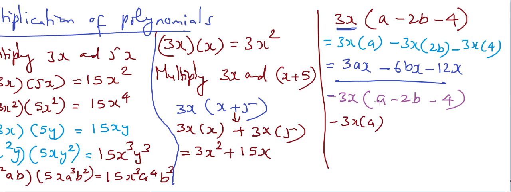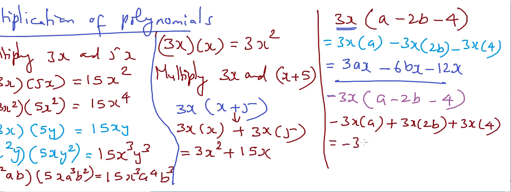See now, the sign will change, correct? Because this is a plus here, it's a minus now. For the second term, minus 2b, the result will be positive because the sign changes. Then plus 3x into 2b. So here also it becomes positive. Plus 3x into 4.